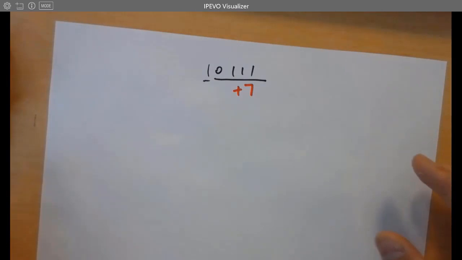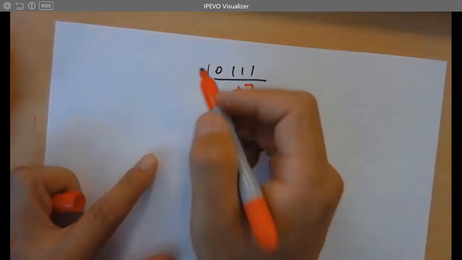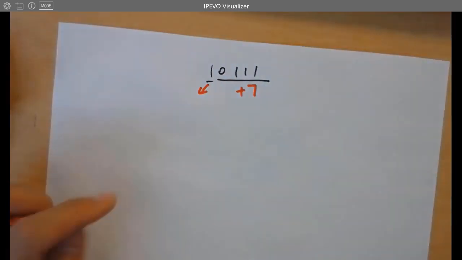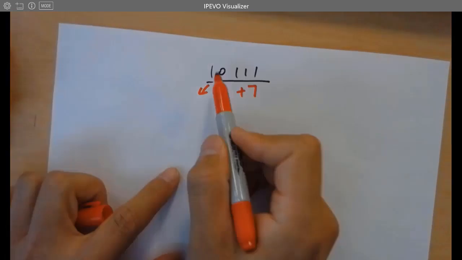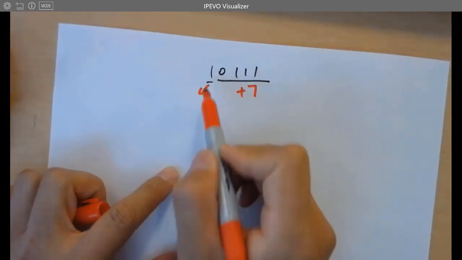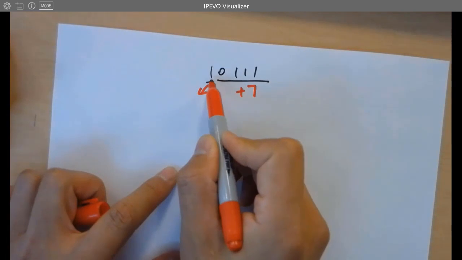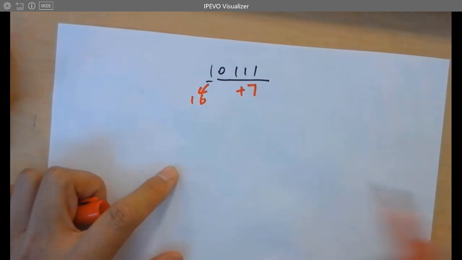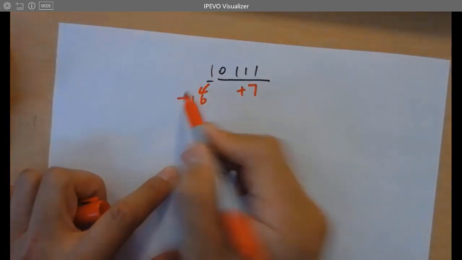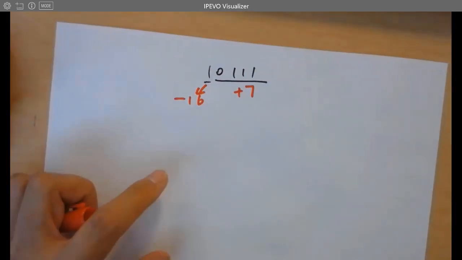However, in 2's complement, you treat the MSB as a negative value, but you still use the absolute value of that digit. What is this value here? Absolute value. 16. However, in 2's complement, it's not 16. It's minus 16.